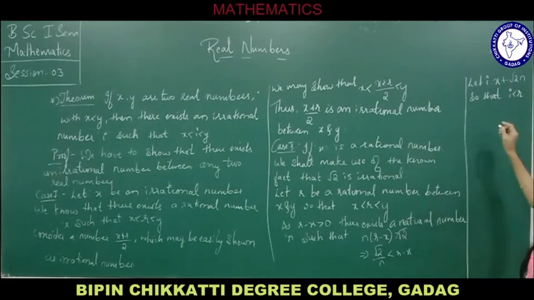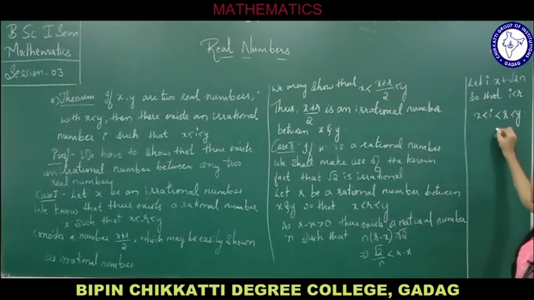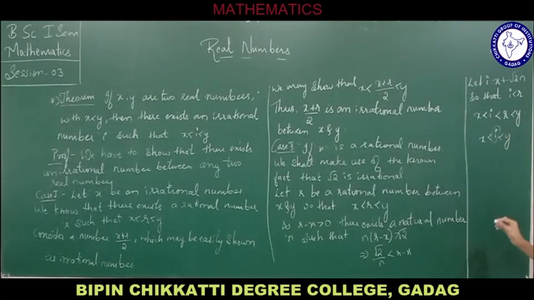Then we are going to get x less than I less than r, which is less than y. Then what we got? We got I, which is greater than x and less than y, and I is an irrational number.